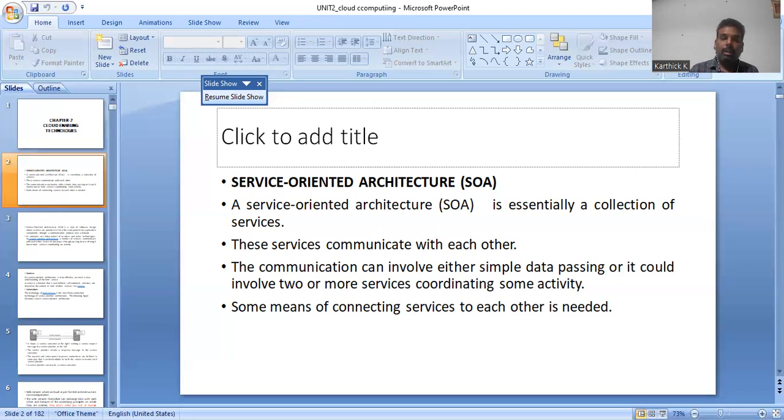All the activities will be taken care of by your SOA architecture. As I already said, this architecture is very important in cloud computing. This ensures that web services over the internet can interact with each other.